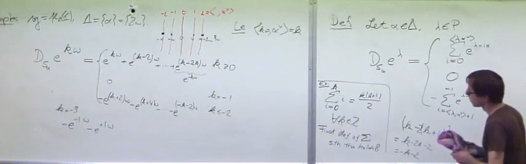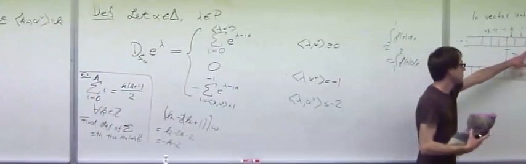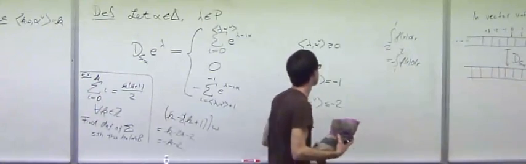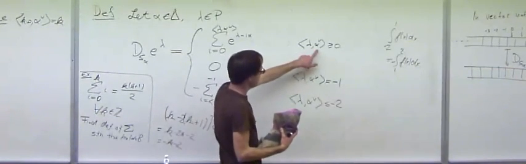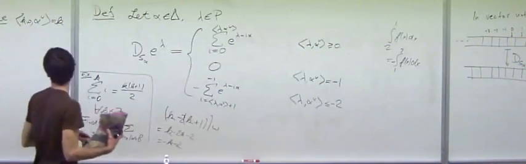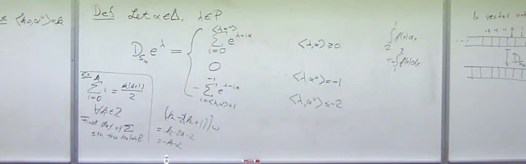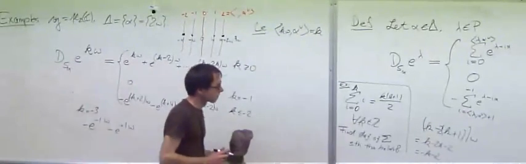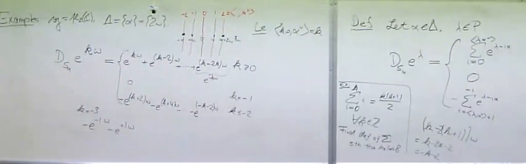Well, this corresponds here to e to the 2 omega. So lambda alpha check is 2, so it's certainly positive. And so we're in this case, and this produces ones to the left. And how many ones does it produce?